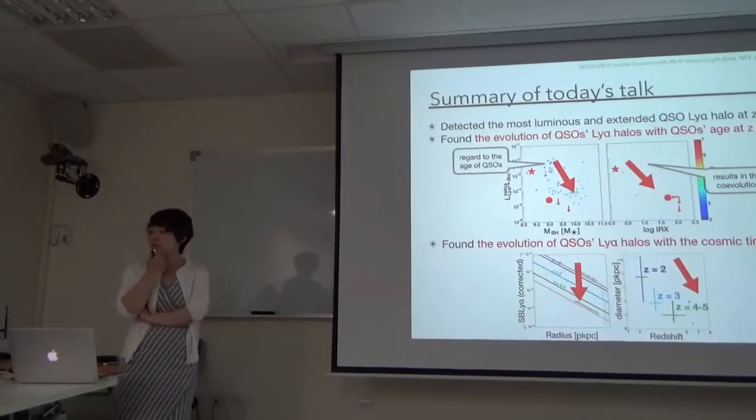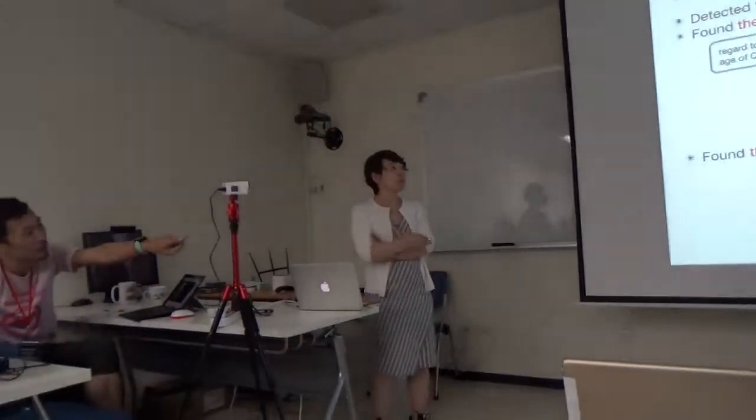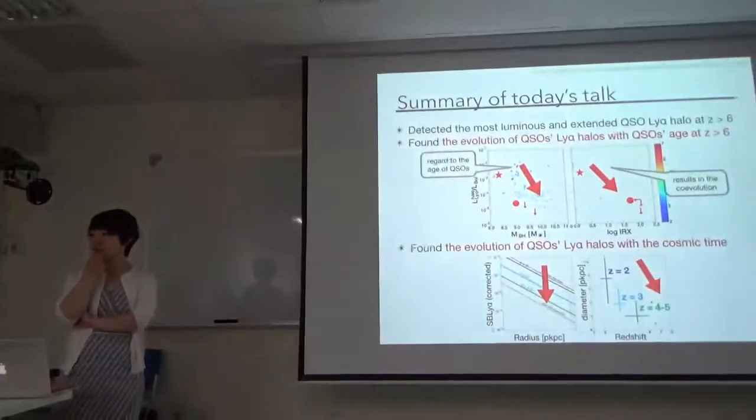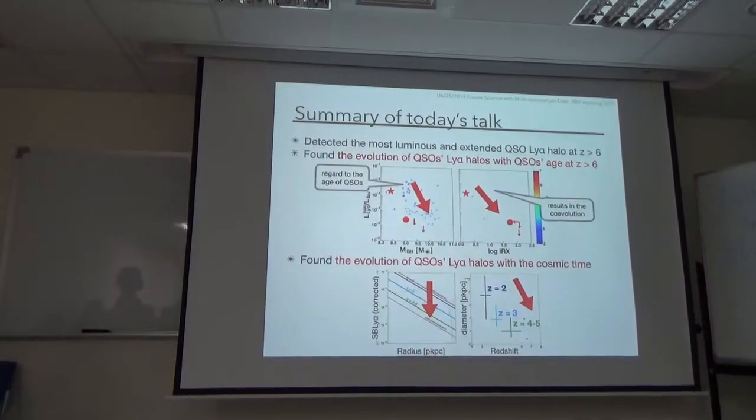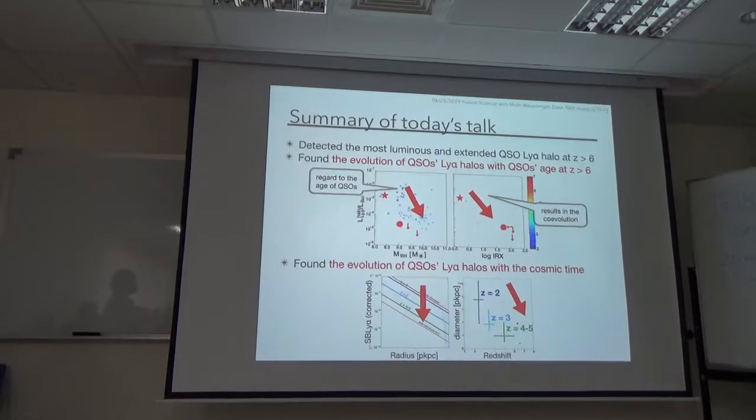So as we go to higher redshift, the diameter of the halo is decreasing, right? But then the black hole mass is probably increasing toward higher redshift. Do you mean the mean at redshift 2, 3? Generally speaking, because of the selection effect at high z.